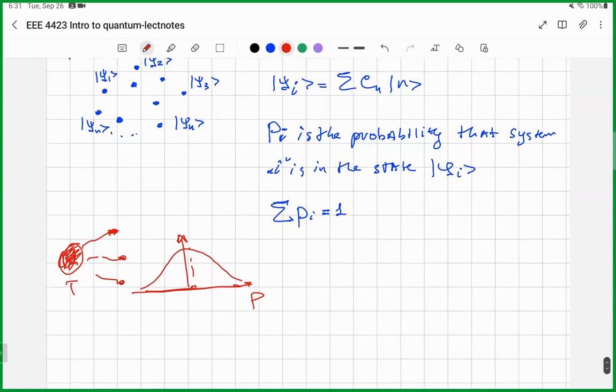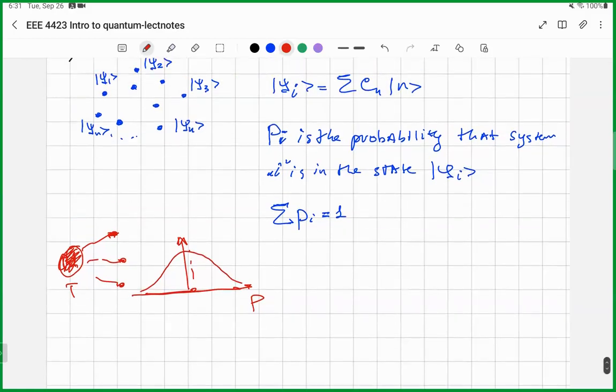And of course, each electron by itself is a quantum system, and it's described by a psi state, but you don't know in which momentum you will observe this electron when you measure it.